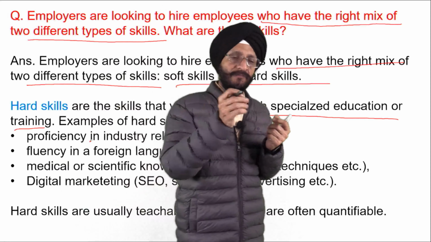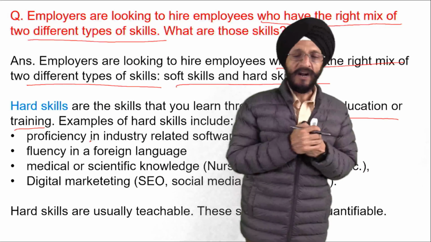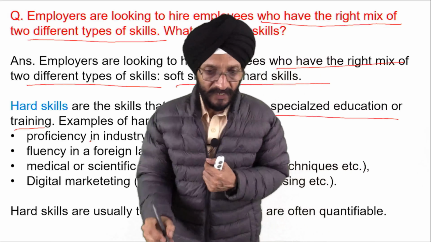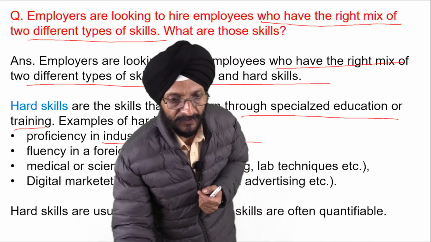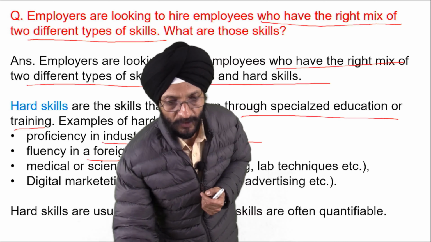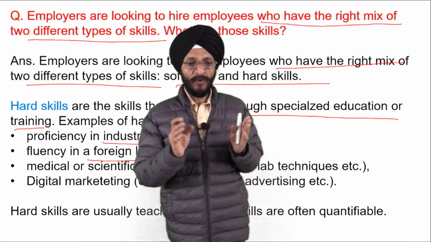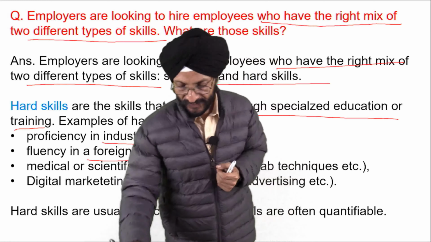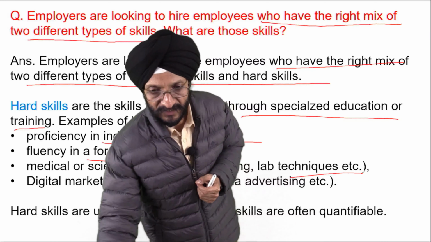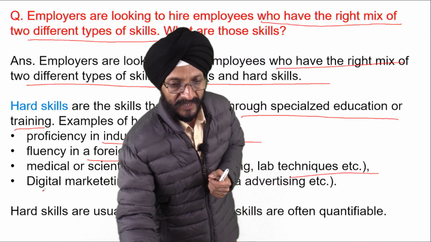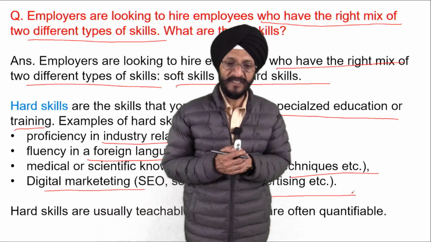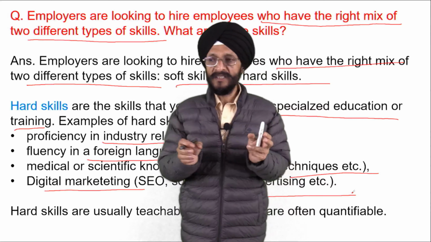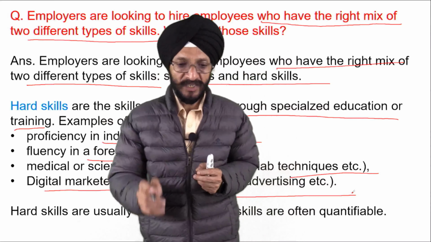That skill falls in the category of hard skill. Some examples of hard skills are proficiency in industry related software, fluency in a foreign language, medical or scientific knowledge, that is nursing, lab techniques, etc. Then digital marketing, SEO, social marketing, social media advertising, etc.